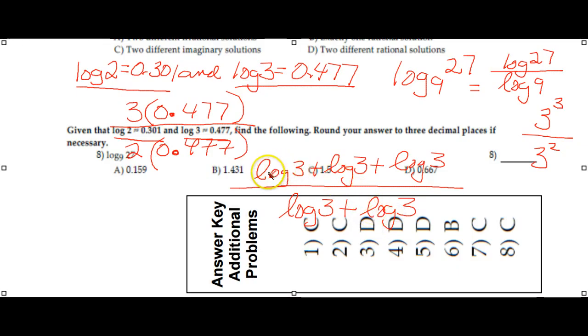Now, log of 3 we know is this. So you would be writing this number 3 times, so multiply this by 3. This, you're going to write this 2 times.